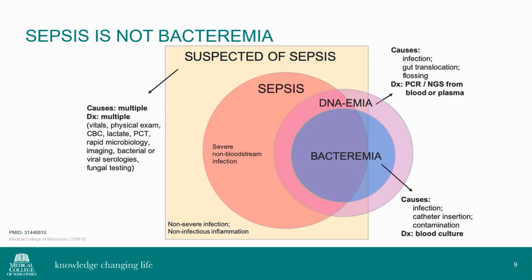Among the septic population, we can identify a certain number that will have bacteremia, and then a larger group that will have DNA-emia, where we can detect the presence of a pathogen by a molecular test, but we can't necessarily grow the pathogen because maybe we've pre-treated the patient. But bacteremia patients are only one subset of our sepsis patients, and certainly we see bacteremic patients that aren't septic. Again, me probably this morning when I got up and brushed my teeth.